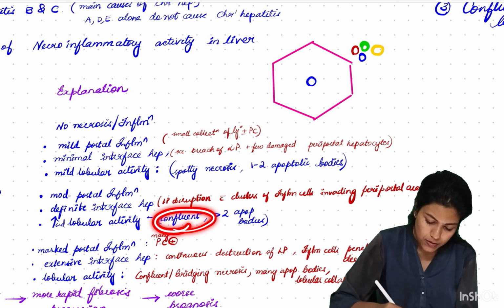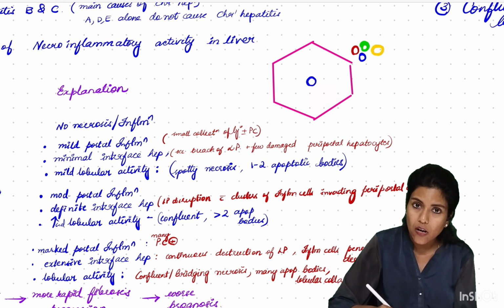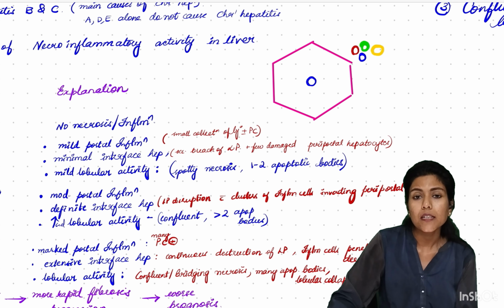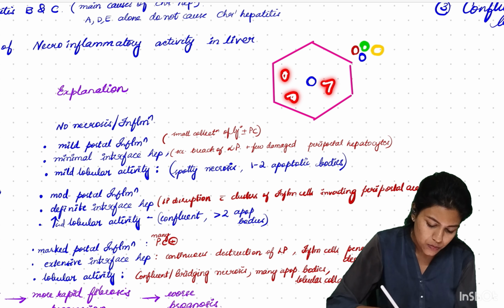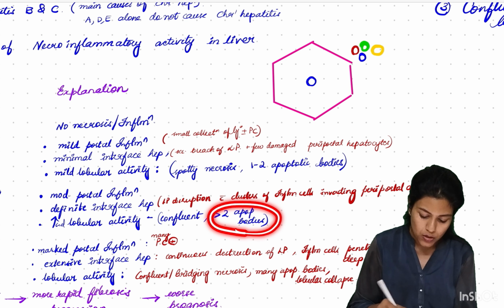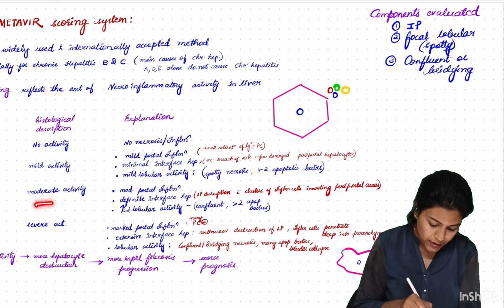Confluent necrosis means a cluster of one, two, three, four hepatocytes undergoing necrosis, and apoptotic bodies are more than in the mild. In mild, only one or two Councilman bodies are seen. Here, more than two Councilman bodies. One, two, three, four, like that. More than two apoptotic bodies or Councilman bodies are seen in this moderate activity.